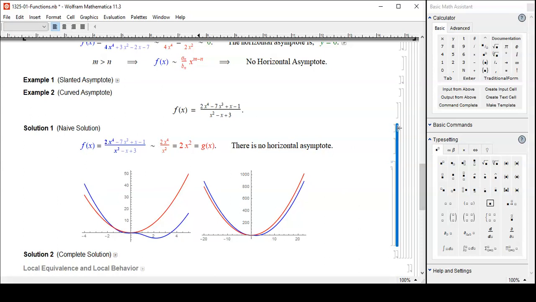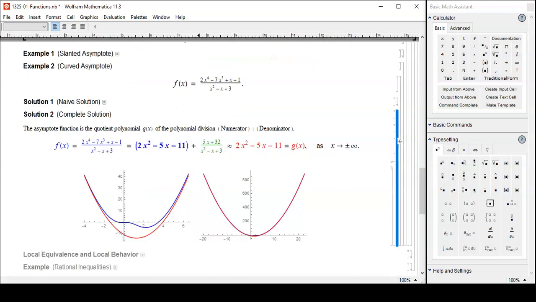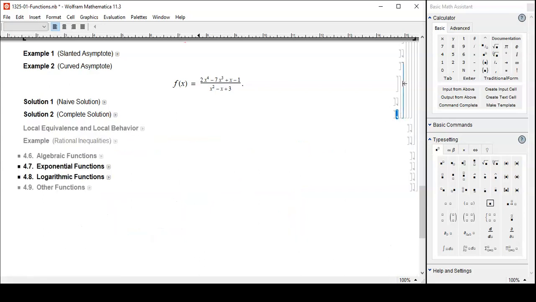If you really want to find this asymptote itself, you have to do a little bit more sophisticated computation, polynomial division and taking the quotient. And if you do that, then you indeed get this curved asymptote like this. Even for small x values, you can see this asymptotic behavior there. And for large x values, you can clearly see this is a curved asymptote.